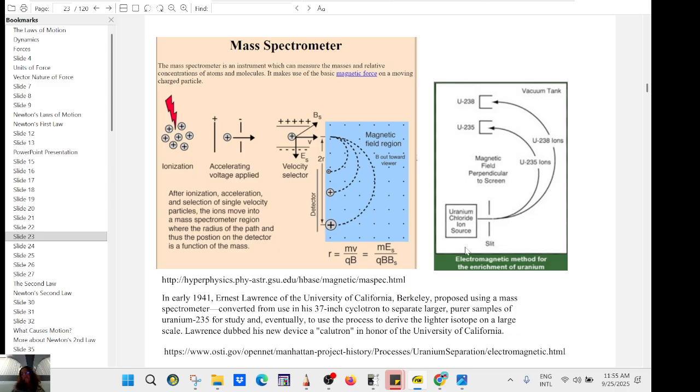Okay, so we already talked about that, and I told you about the mass spectrometer. 1941, Ernest Lawrence, California, came up with the idea to use a mass spectrometer to enrich uranium. Since some of you are taking chemistry very seriously, I have biochemist students.